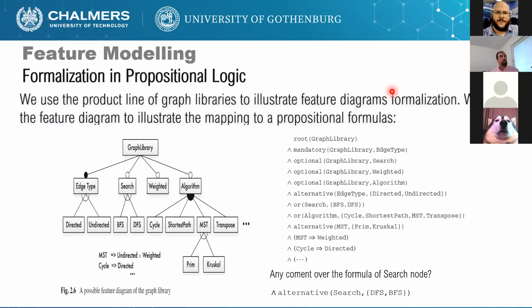Does the OR with mandatory nodes mean that you have to pick either one or the list of both, but not none? If you talk about the OR, let me go back to this here.